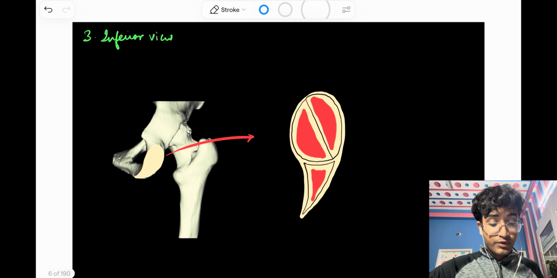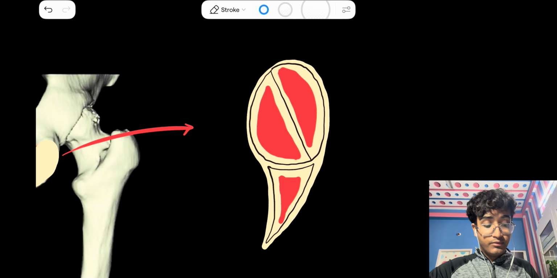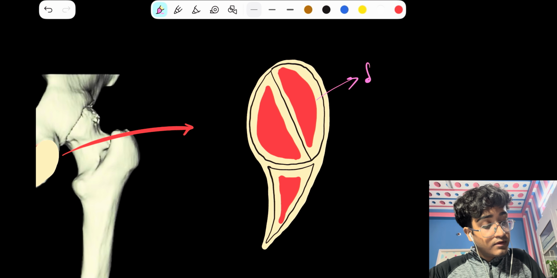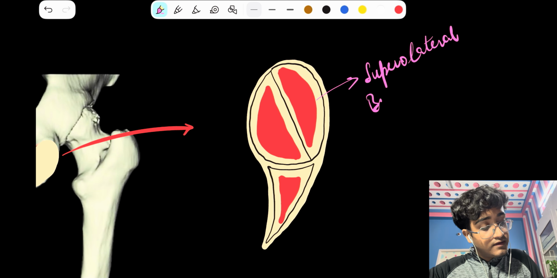So now we are going to discuss the inferior view of the hip bone. This is the ischial tuberosity. The superomedial part of the ischial tuberosity has attachments of biceps femoris muscle. Superolateral has the insertion of biceps femoris.